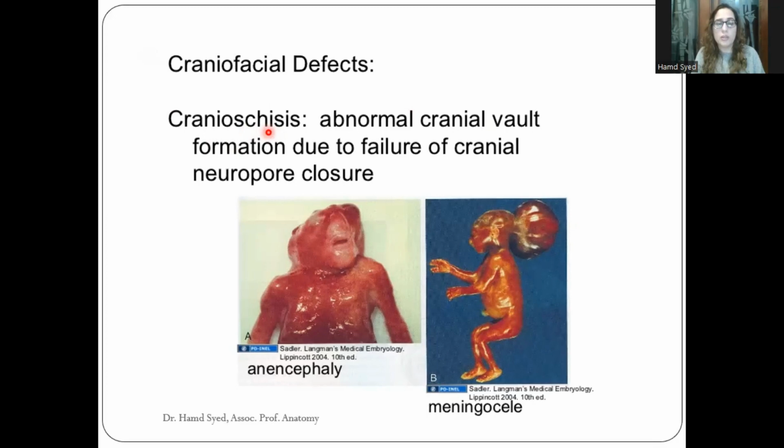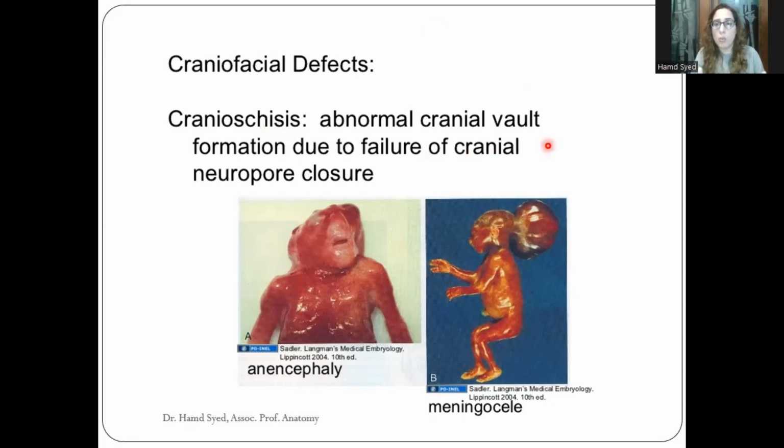So cranioschisis means that during neurulation, if you recall the event, which is the formation of the neural tube, which takes place in the 3rd week of development, there is a closure of the neural folds to form the brain and the spinal cord. Well, if the cranial neuropore fails to close, then that can cause the abnormal formation of the cranial vault.